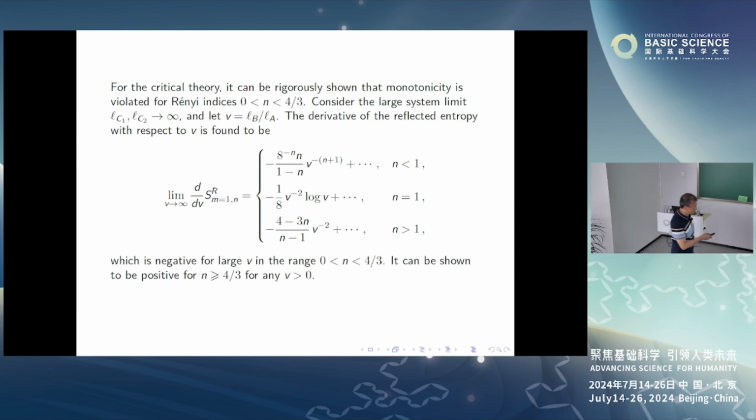So that means the monotonicity is broken in the Lifshitz scalar case. Our result provides a first example to show that the entropy is not a good quantum measure in field theory.